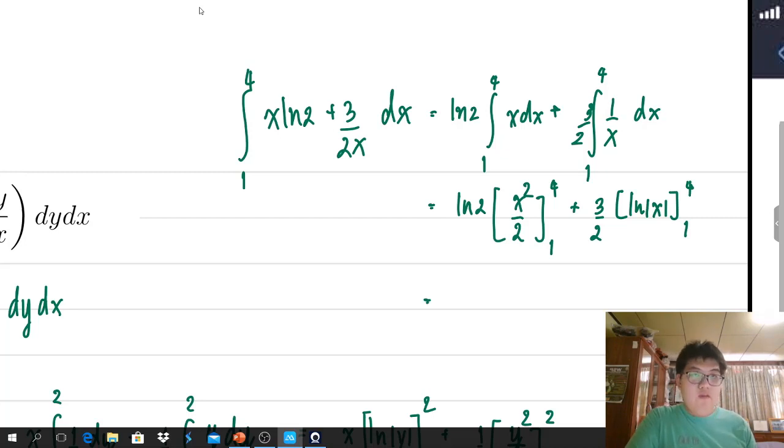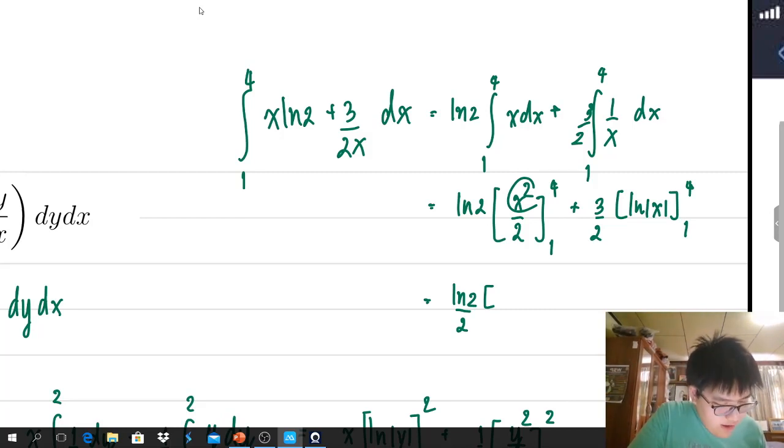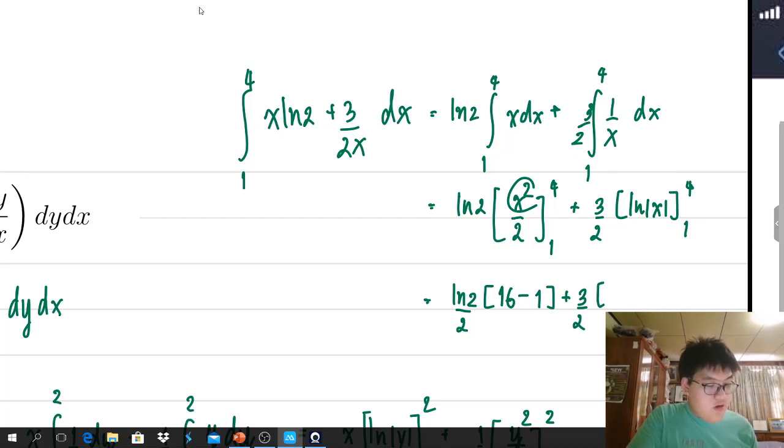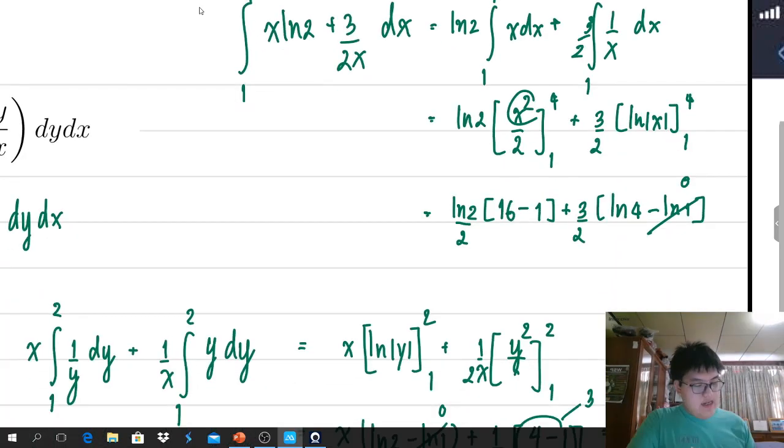Then this constant will be moved out, we will get ln 2 over 2 of the inside, which leaves only x squared. Then we will take x to 4. 4 squared is 16 minus 1 squared is 1, plus 3 over 2 of ln x: x equal to 4 is ln 4 minus, take x to 1, is ln 1, and ln 1 becomes 0. It just leaves what it is.